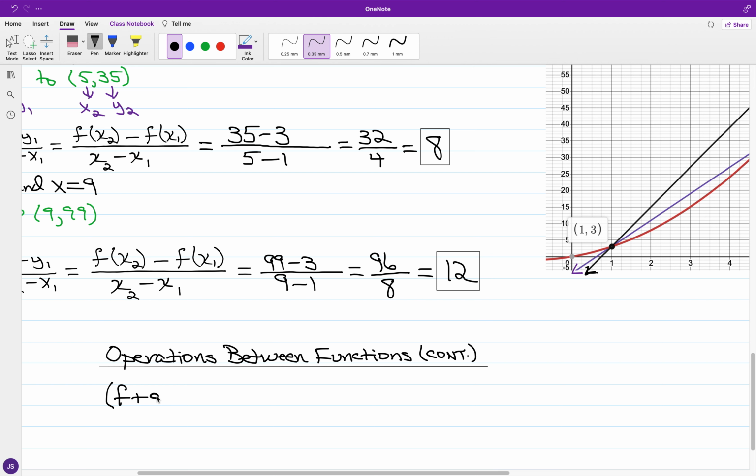So we've had f plus g of x. Again, this translates to the sum of f of x and g of x.